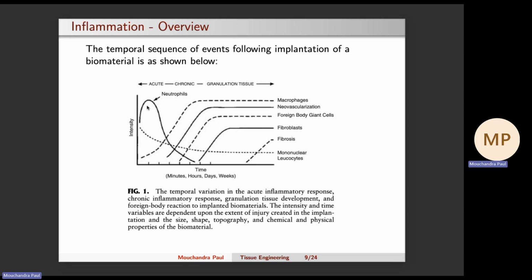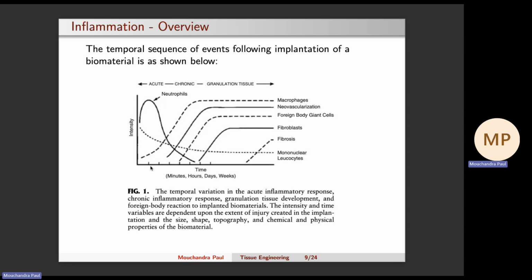As I mentioned, initially, within the first few days of injury, when the inflammation has started, it is the neutrophils that arrive first, because the chemotactic factors responsible for the migration of neutrophils are secreted at the beginning of the injury.